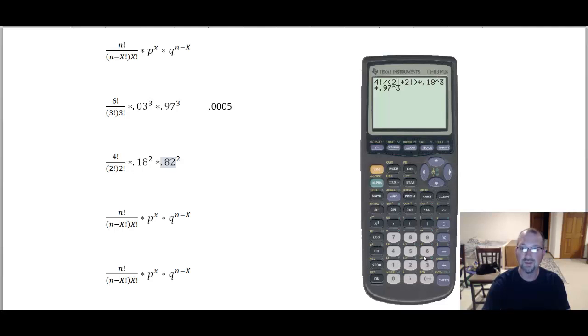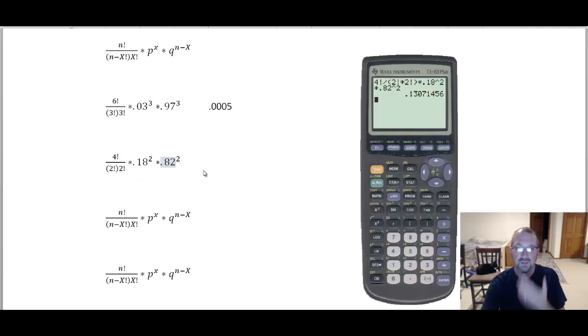And raised to the second power, and then what we're going to have is 82, and this is raised to the second power. Okay, so we'll get an answer of 0.13, and it looks like I typed that in correctly here. So 0.131, roughly 13%.